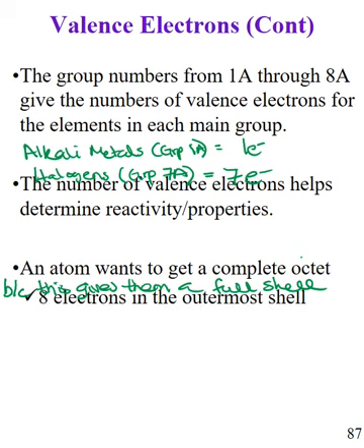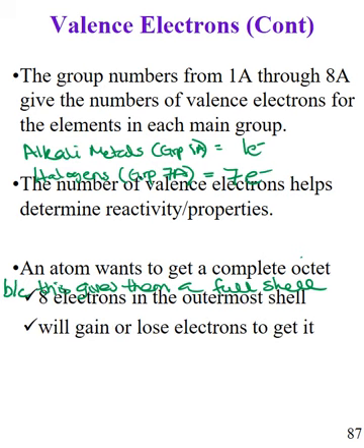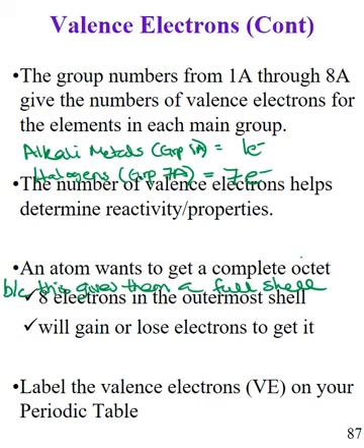And an octet basically means 8 electrons in the outermost shell. And as we could see with the oxygen example, atoms will gain or lose electrons to get that octet. Okay, now I want you to label the valence electrons on your own periodic table.